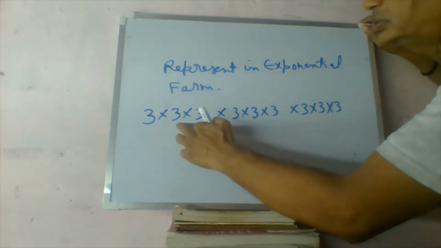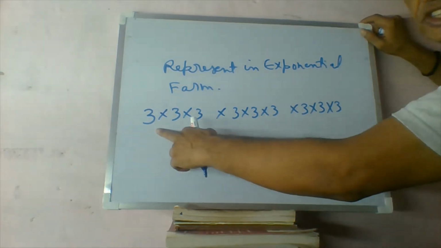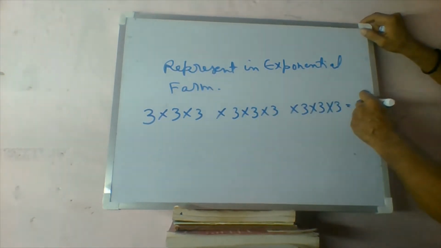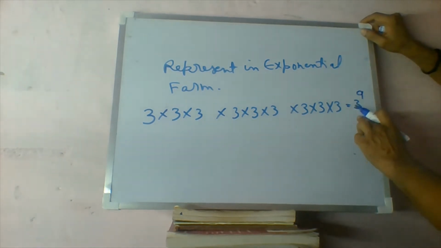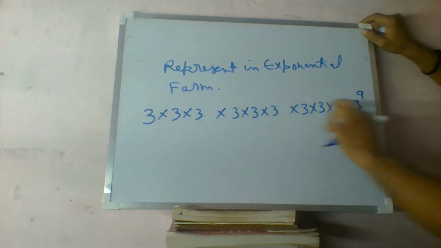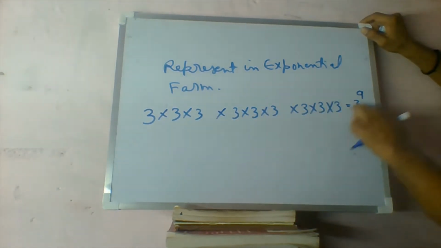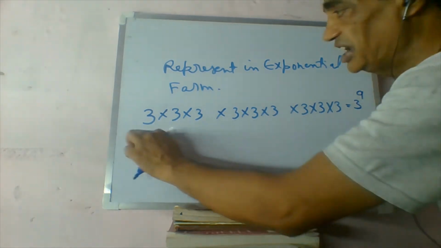So 1, 2, 3, 4, 5, 6, 7, 8, 9. 9 threes to be multiplied together. So we write it in the form of 3 raised to power 9. This means 9 threes to be multiplied together.